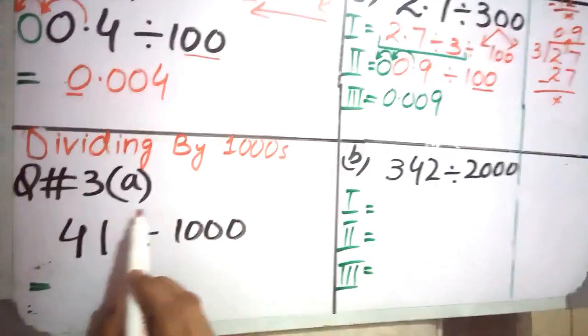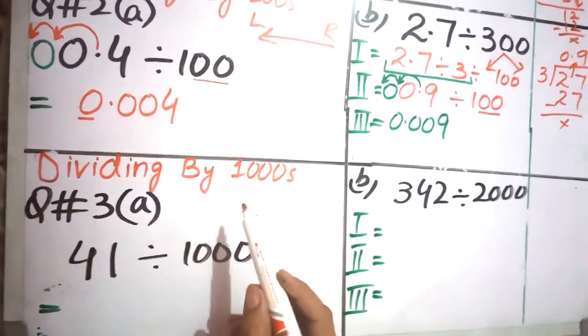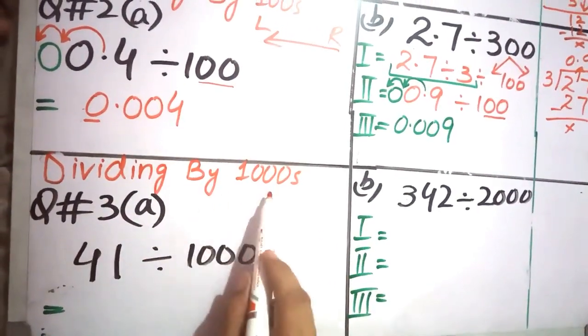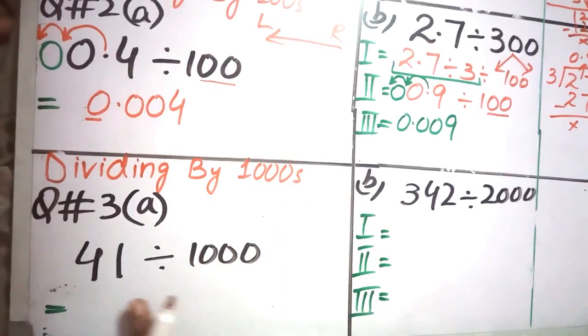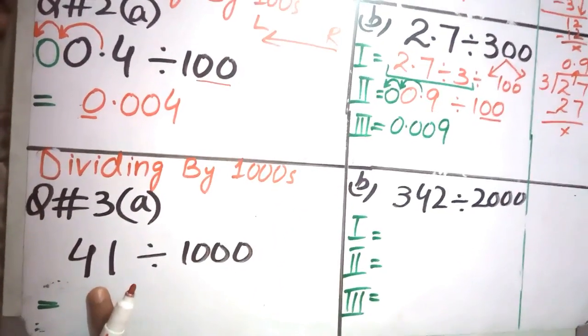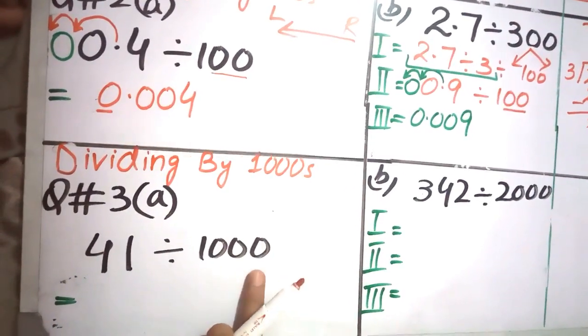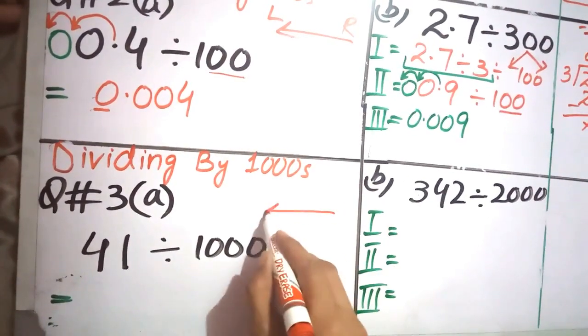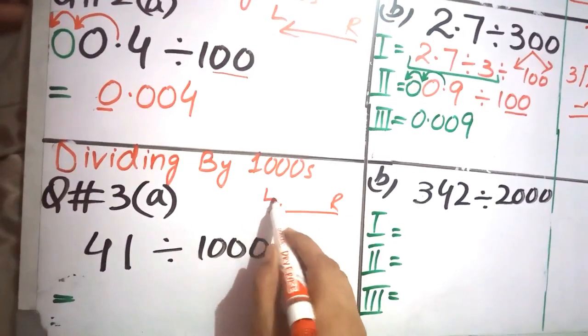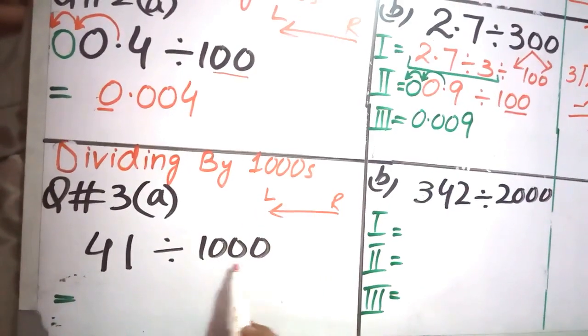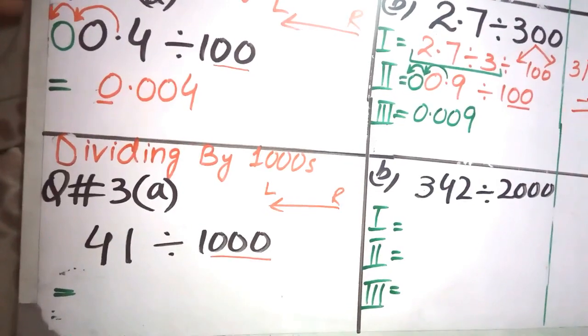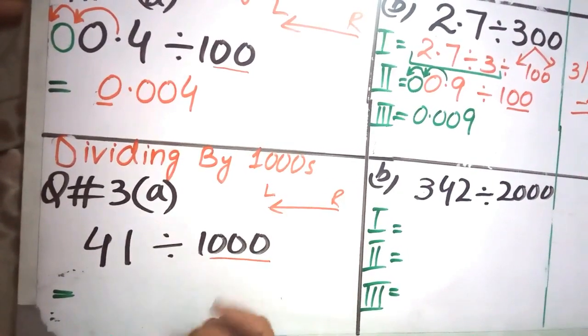Okay, now question number 3, dividing the number by thousands. Now whenever we divide this number 41, it's not a decimal. 41 divided by 1000. Again we will go from right to left. Now can you see we are having 3 zeros and we have to shift the point 3 times.